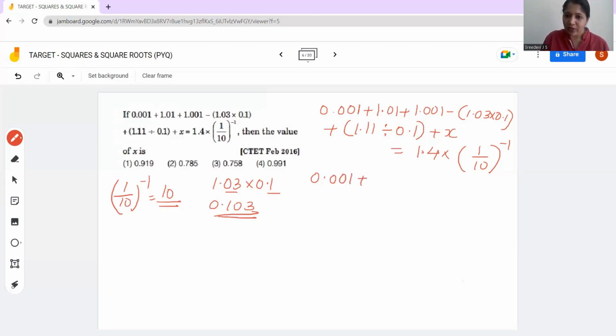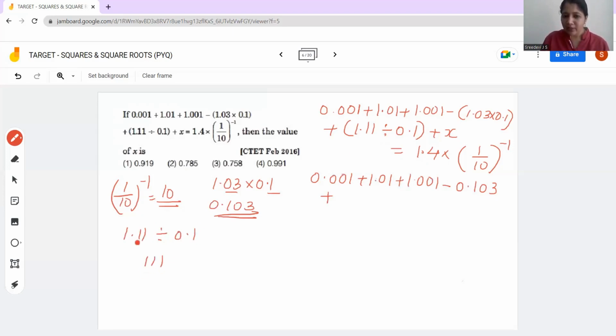0.001 plus 1.01 plus 1.001 minus 0.103 plus, and here when you divide, we know that 1.11 divided by 0.1, 111 divided by 1 is 111 itself, right?